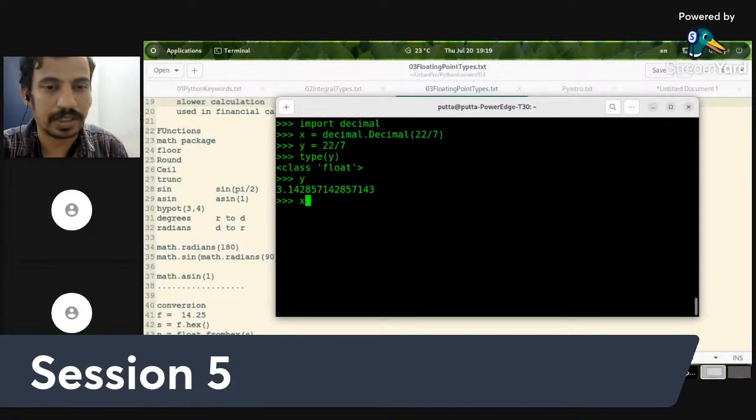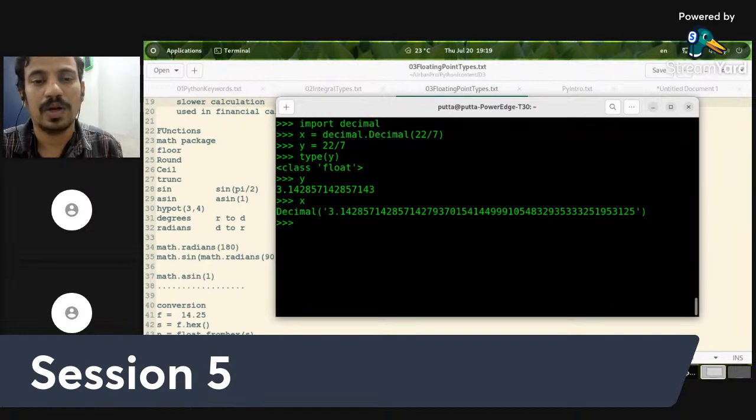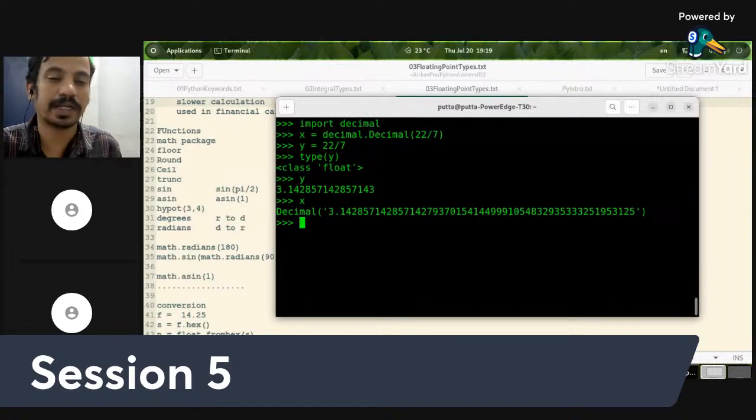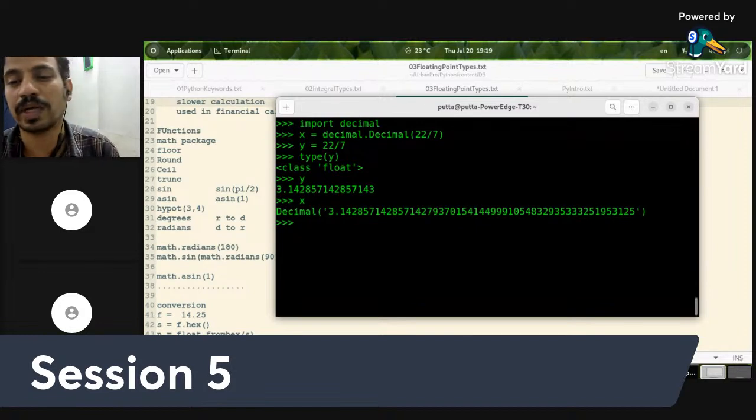Let's print the value of x. What do you observe with regard to the values of y and x? X has larger precision, many values after the decimal point. So if required, you can use this decimal package to get higher precision.